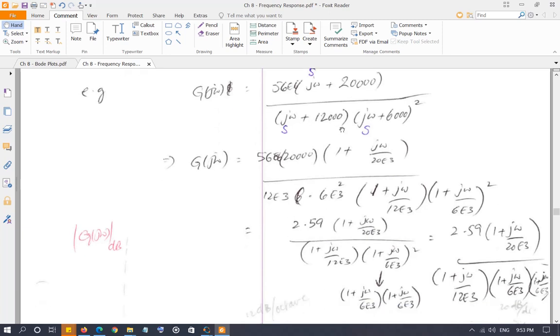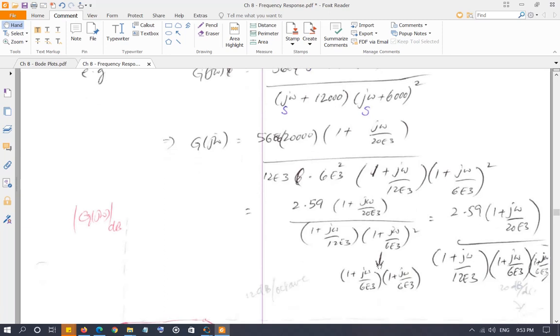Or we can take 12,000 as a common factor out, so it's going to be divided by 12,000. So 1 plus j omega over 12 exponent 3, 1 plus j omega over 6 exponent 3. We take 6,000 as a common factor out, we take 12,000 as a common factor out, right?